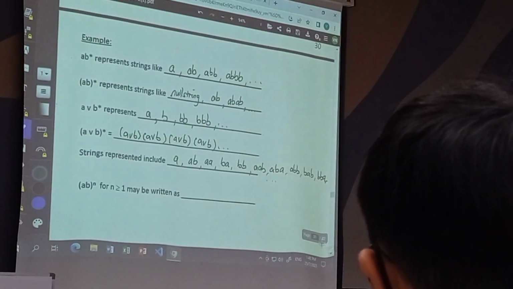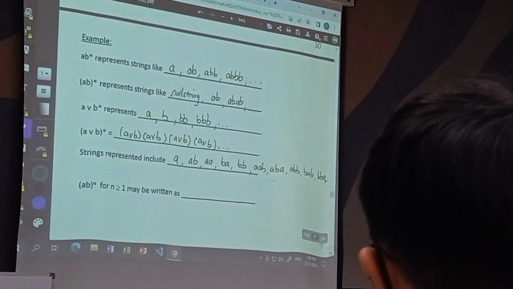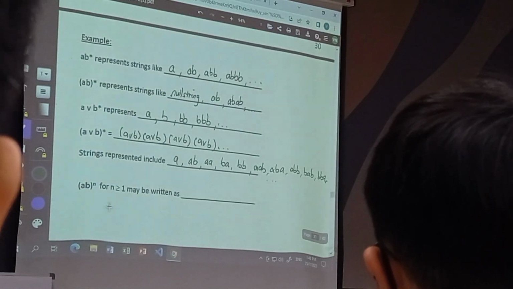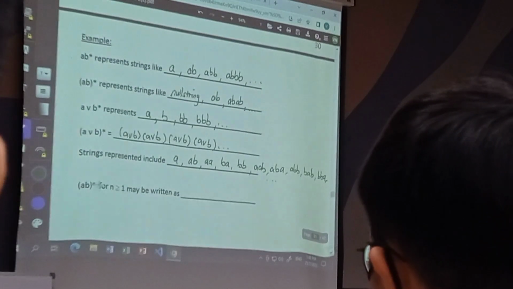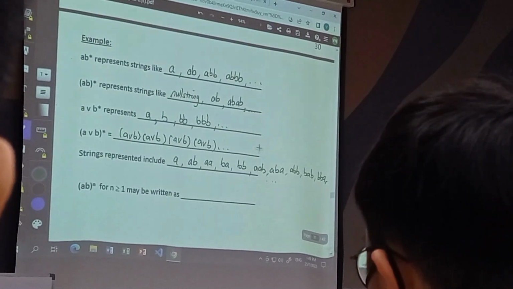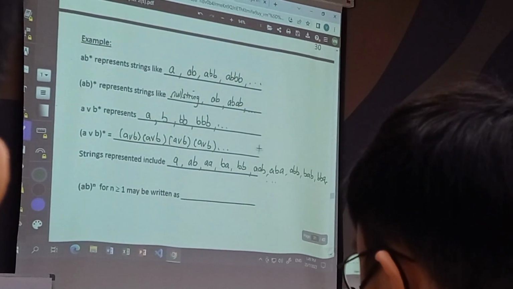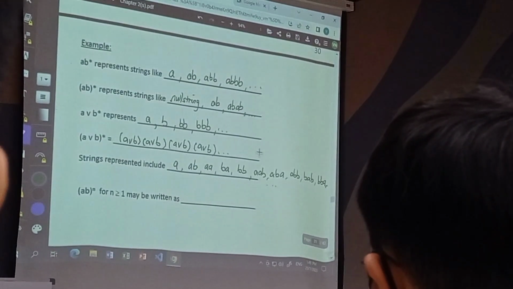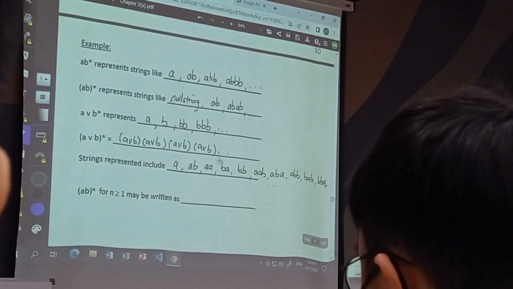If you use asterisk, it's automatic that the asterisk will start from 0. But now, the n starts from 1. So how? Any idea? How do we use asterisk to represent?